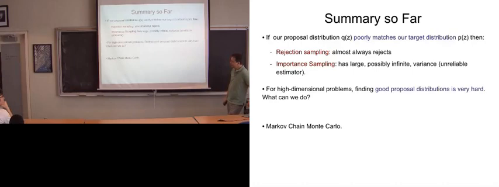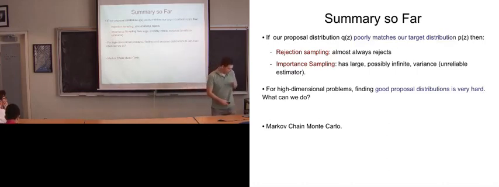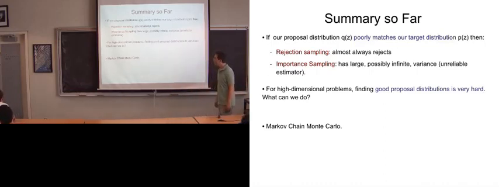For high-dimensional problems, finding a good proposal distribution is extremely hard. So what can we do? The answer is using Markov chain Monte Carlo methods. Before we jump into MCMC methods, let's take a 10-minute break. In the second half of the class, we're going to go through MCMC methods.